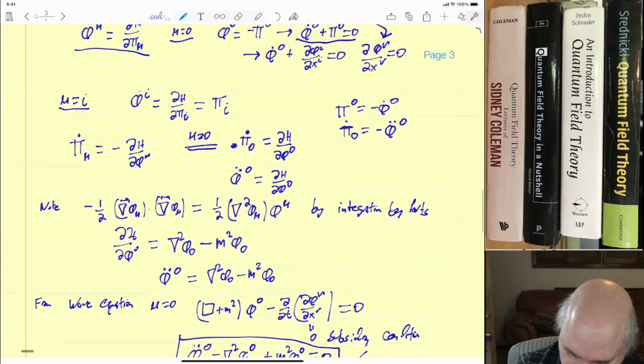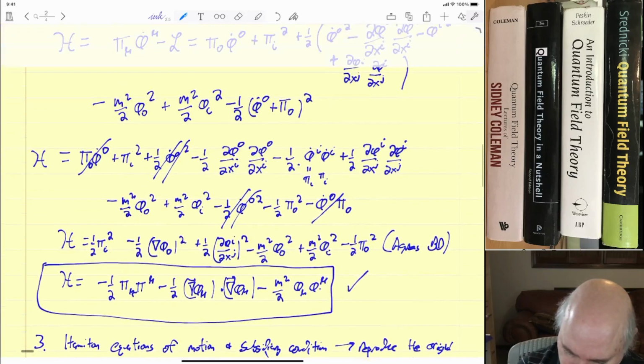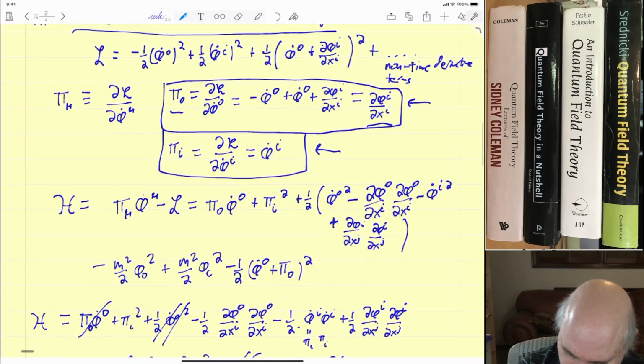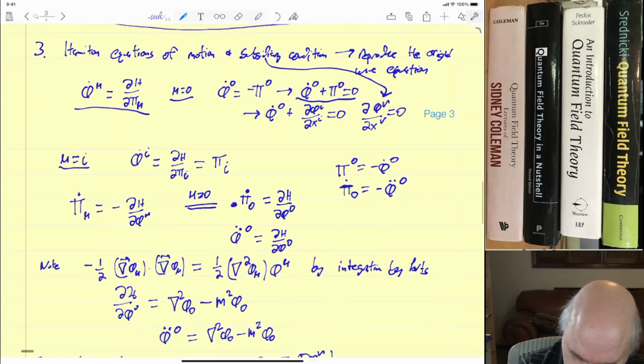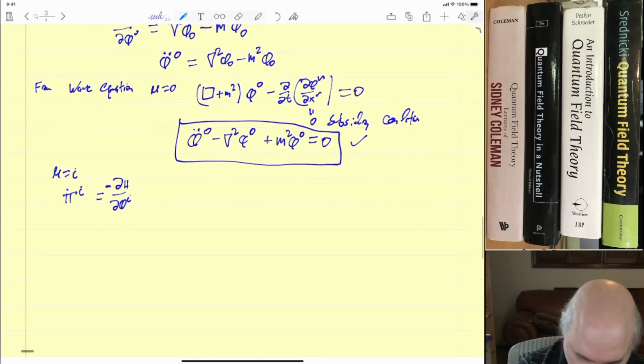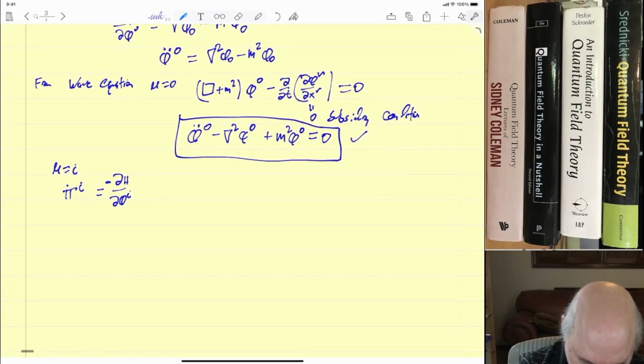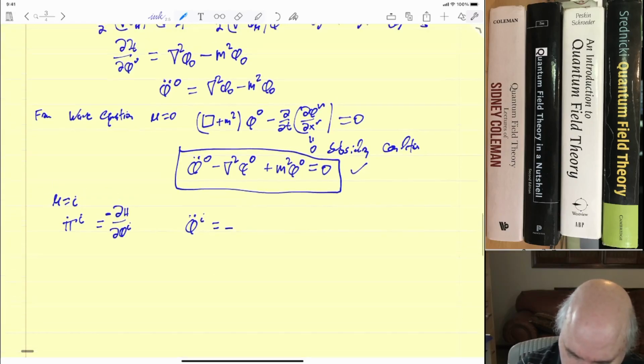So once again, using this again, pi dot I is phi dot double I. So I'm left with phi double dot I is equal to minus the partial of h with respect to phi I.